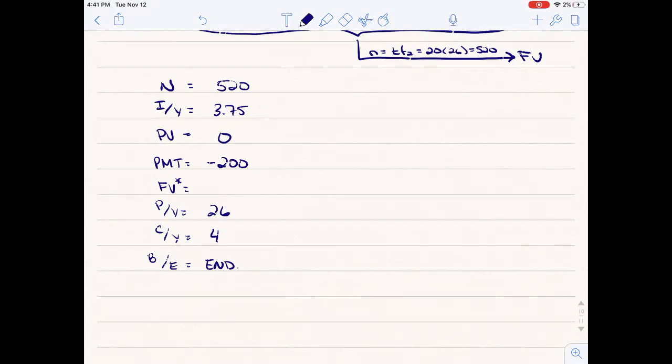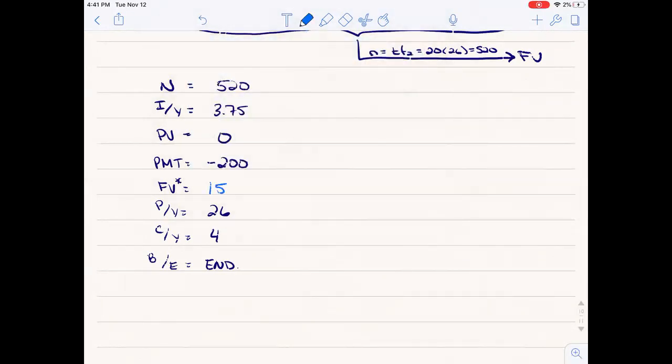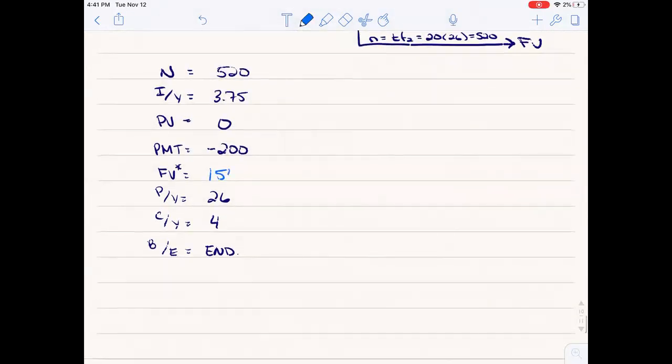Compoundings per year has to be 4, enter. And then I'm going to compute the future value. So I get 154,476.0202.